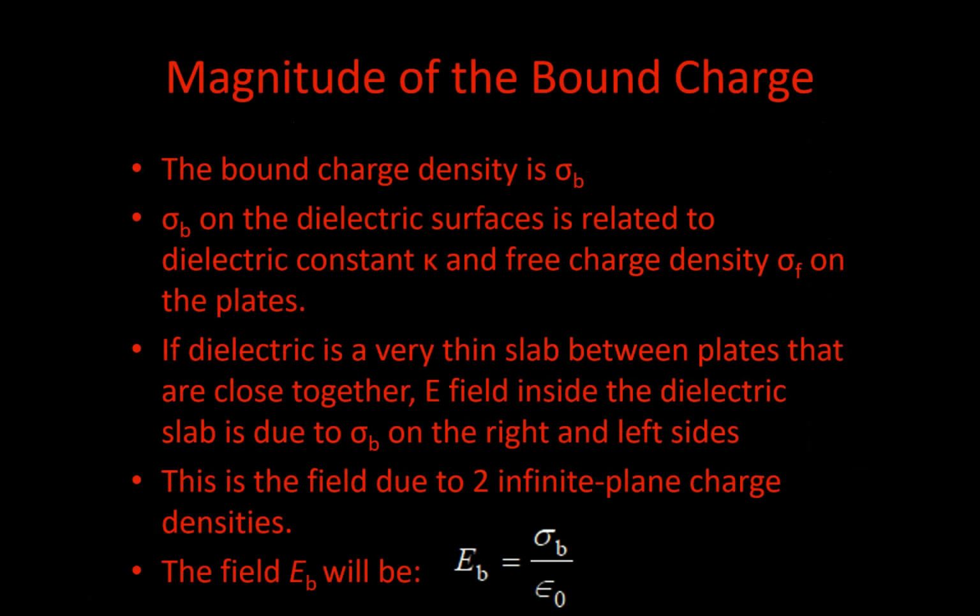And what we can actually define here is how much charge is bound to the dielectric, and that's referred to as sigma B. How much charge is stuck to the surface of our dielectric.